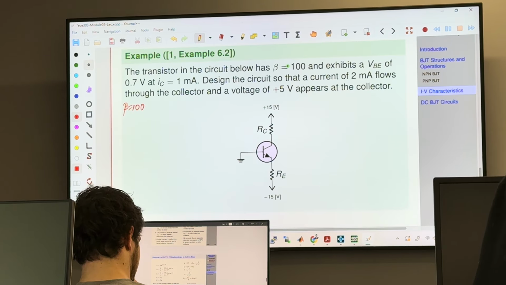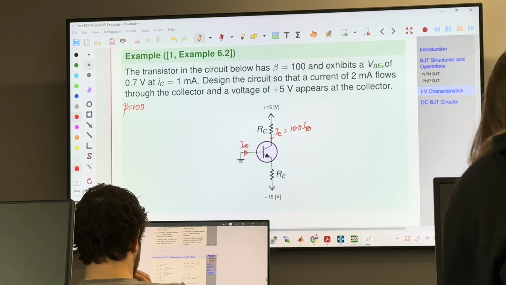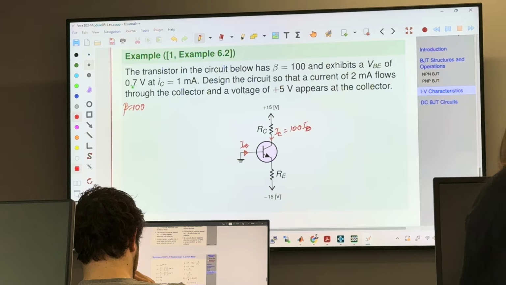Now, it exhibits a VBE of 0.7 volt at IC equals 1 milliamp. So when IC is 1 milliampere, guys, the VBE is 0.7 volt.